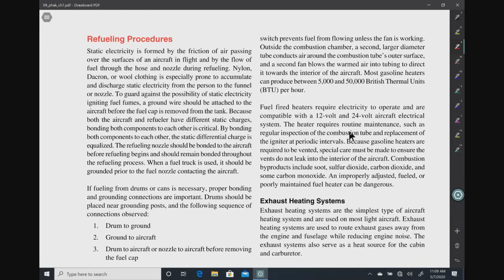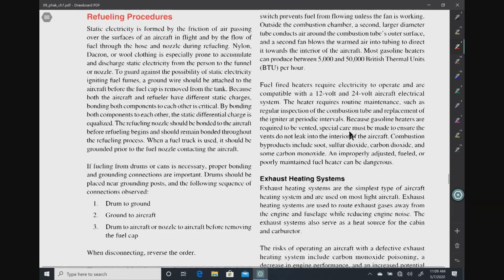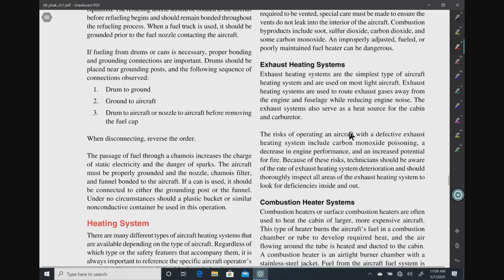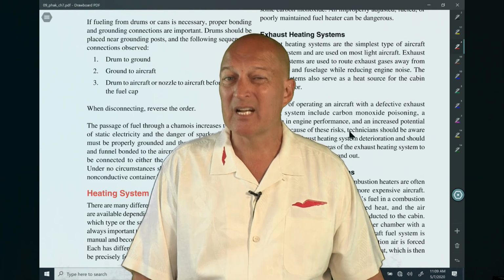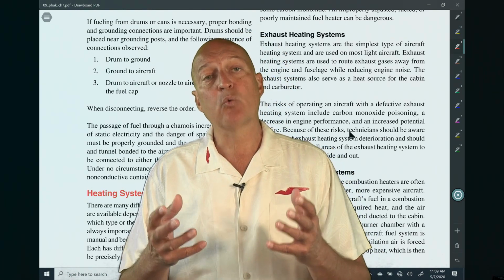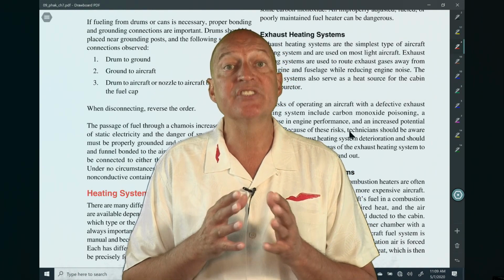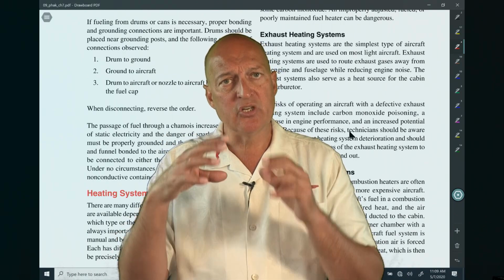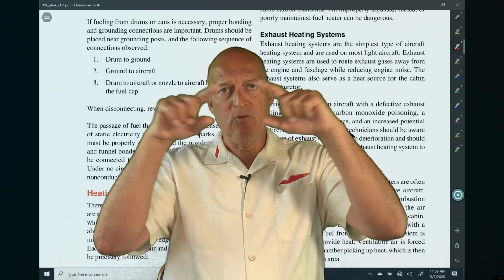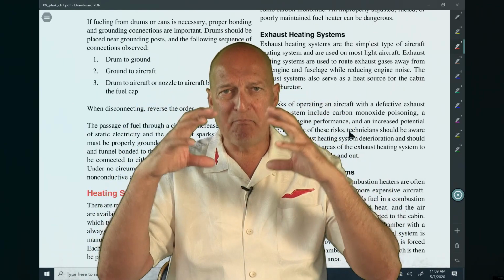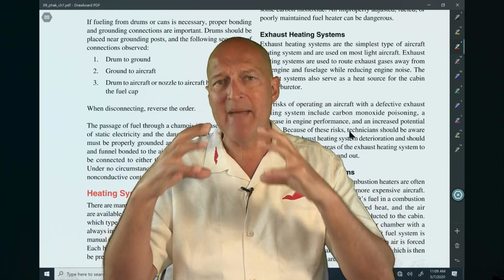There are, as you might imagine, refueling procedures that you need to definitely be aware of. When you refuel an aircraft, the heating systems that I mentioned before, you've got a couple different varieties. One is where you capture some of that exhaust heat coming out of your engine. You have a pipe that is your exhaust pipe, but then you have another kind of capture basket around that called a manifold.